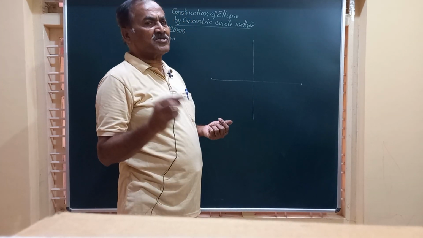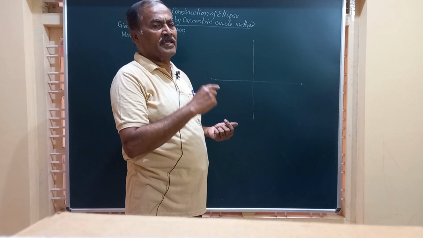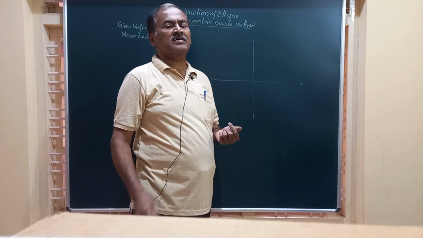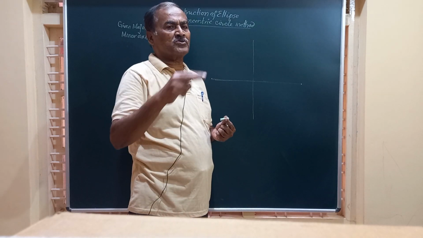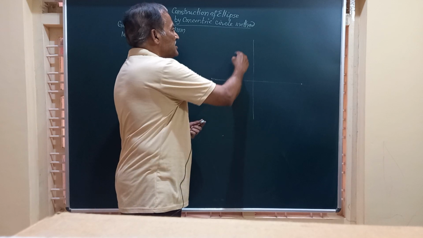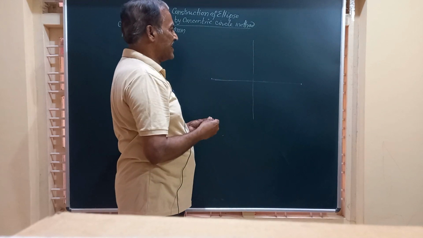Friends, let us see how to obtain the ellipse by utilizing the concentric circle method. Remember, there will be two circles, one passing through the major axis, the other passing through the minor axis.